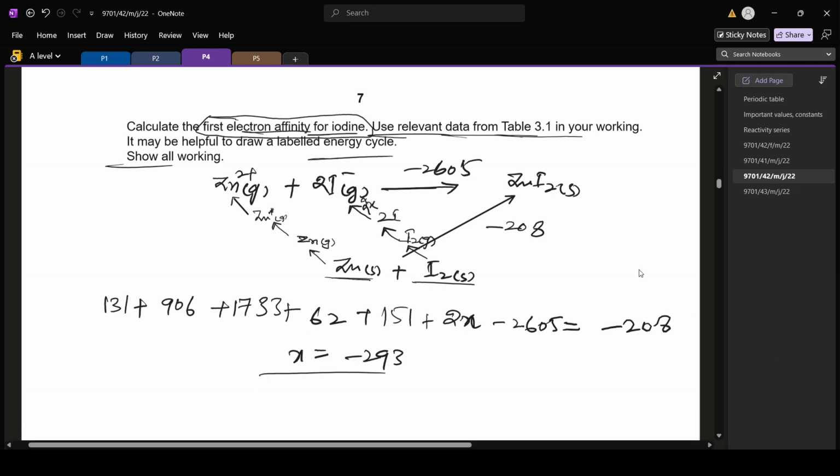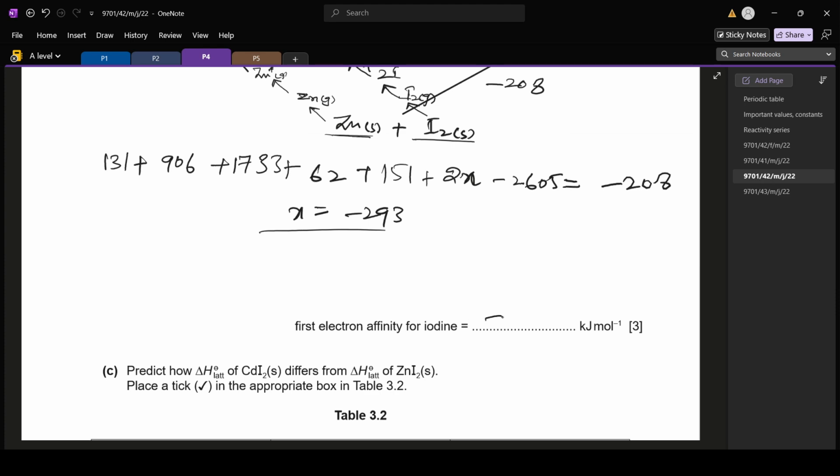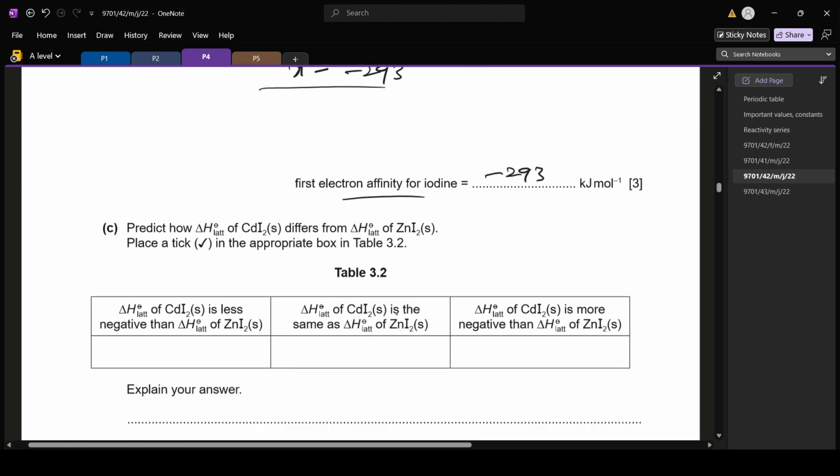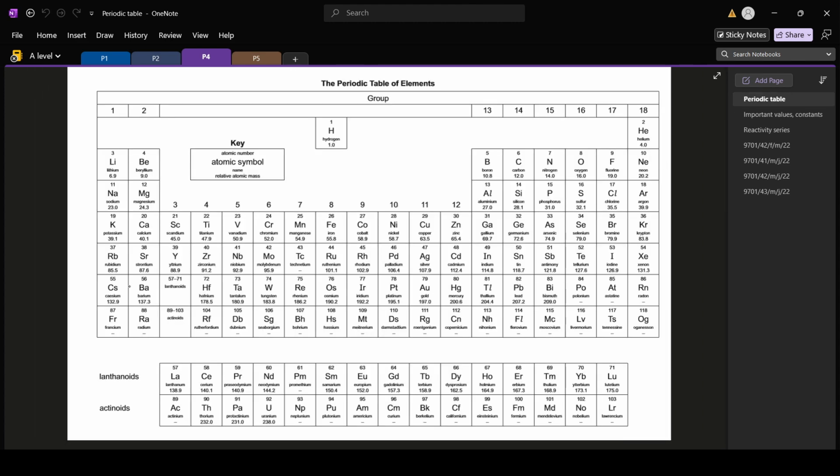I hope you understand how to calculate this first electron affinity of iodine. Okay, predict how the lattice enthalpy of this iodide... what is this CD?